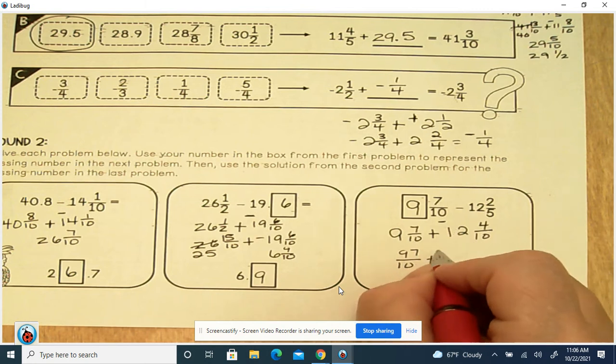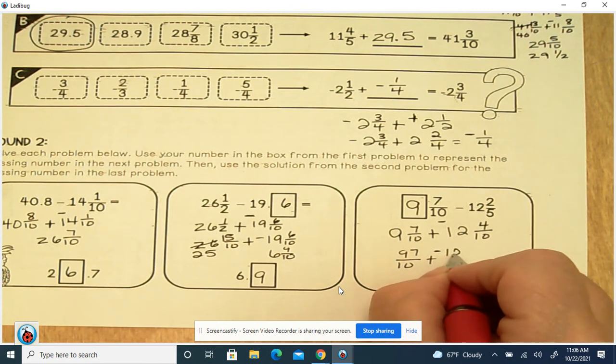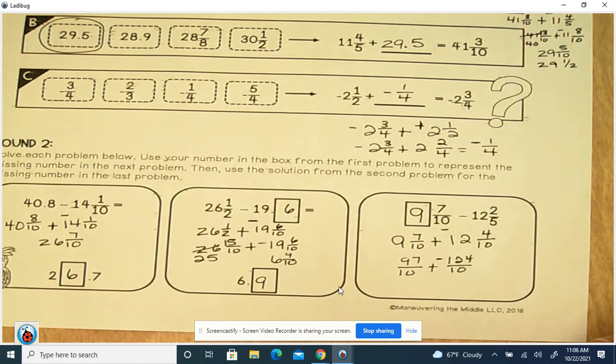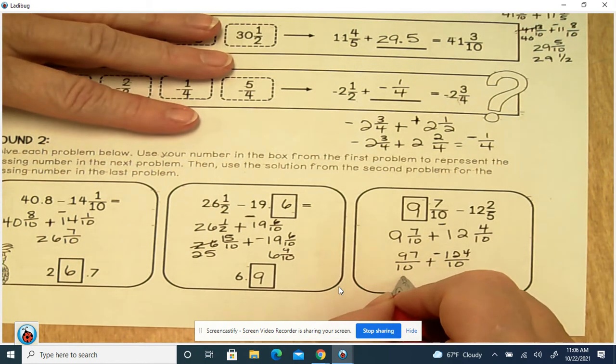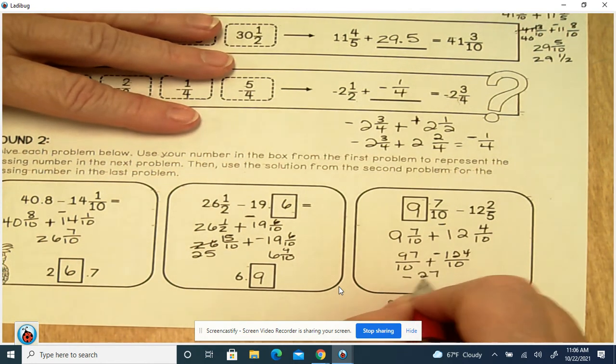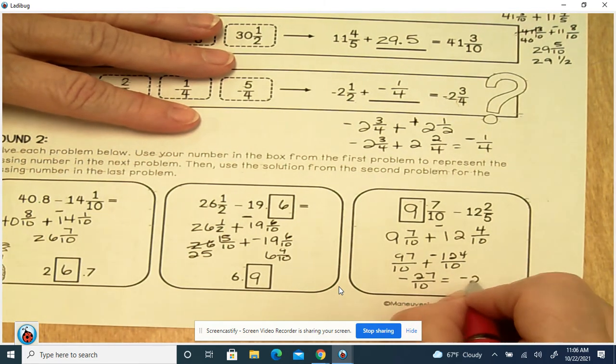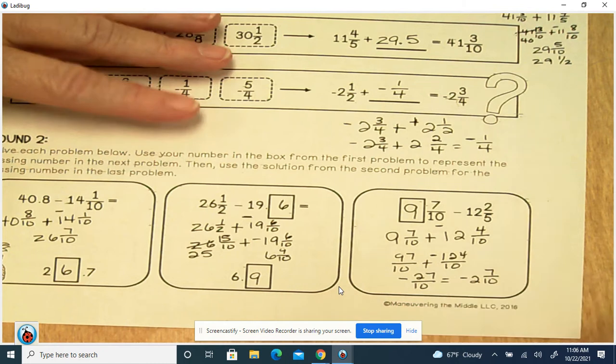Plus 10 times 12 is 120, plus 4 is a negative 124 over 10. And a negative 124 minus 97 is a negative 27 over 10. 10 goes into 27 2 times, with 7/10 left over.